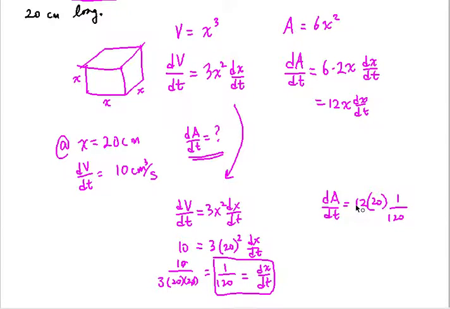Now if I evaluate this, I will be able to find the rate of change of the surface area. This simplifies to 2. We end up with 2 centimeters squared per second, because this is area per unit of time. And that is my final answer.